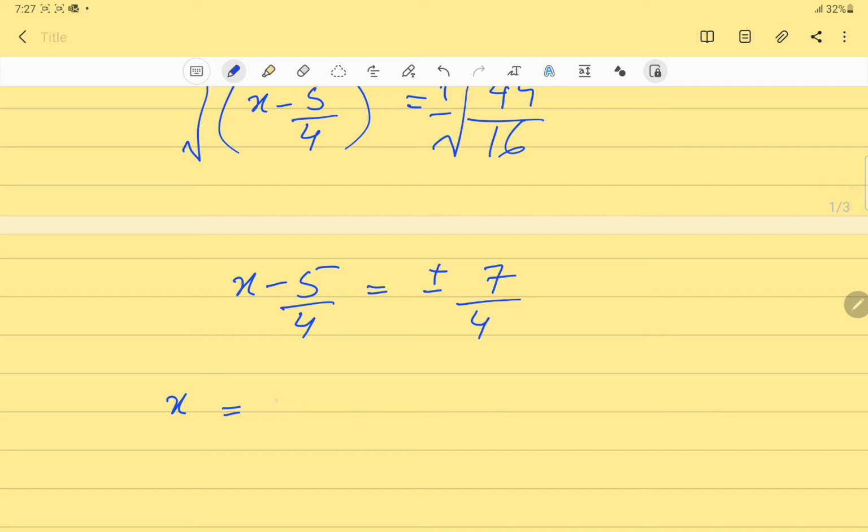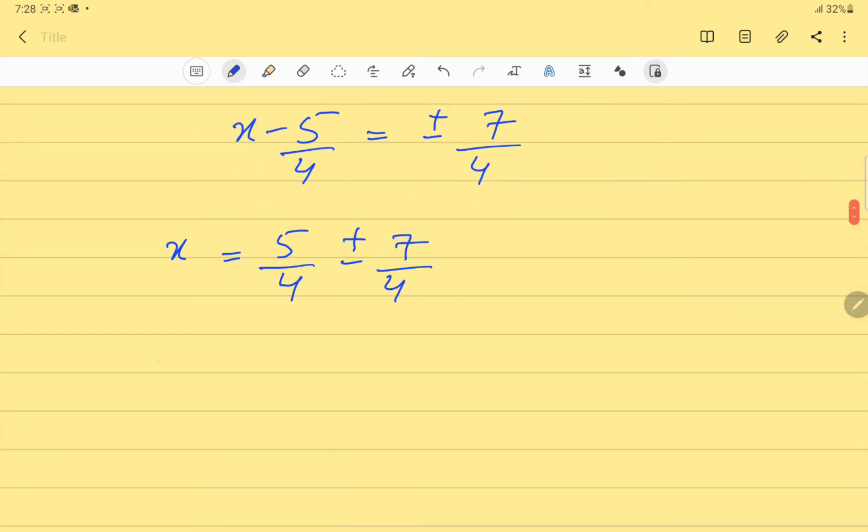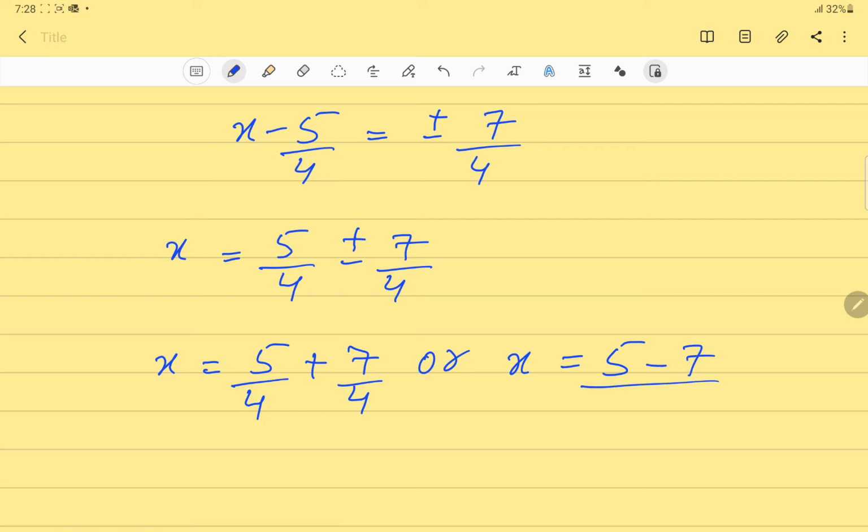So x is equal to 5/4 plus or minus 7/4. So x will either be 5/4 + 7/4, or x will be equal to (5 - 7)/4.